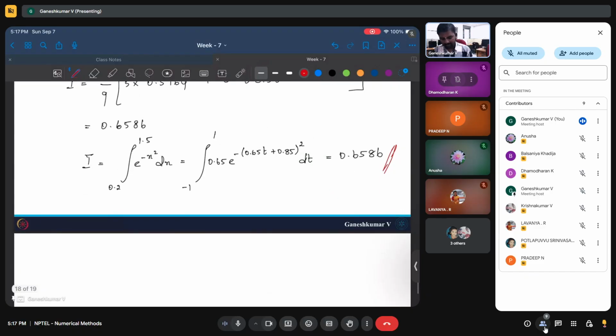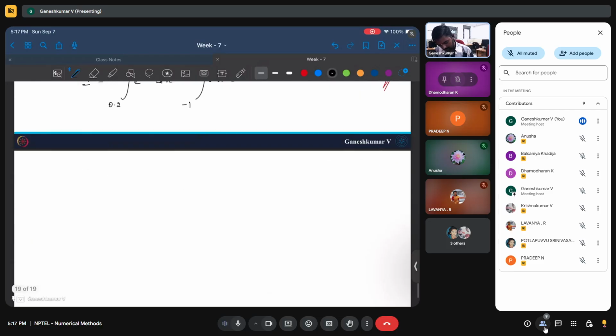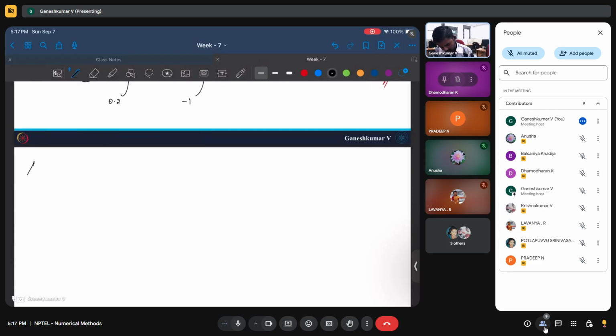Now let's see how close this value is with the analytical solution. Let's say if you want to directly integrate, how will you do it? Integral of 0.2 to 1.5 e power minus x square dx.